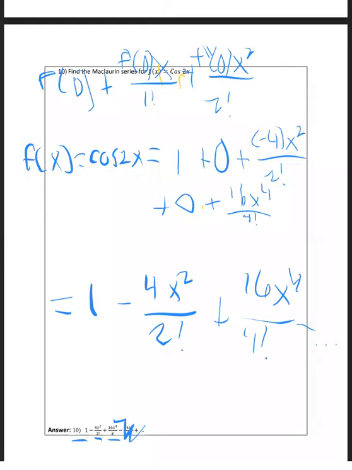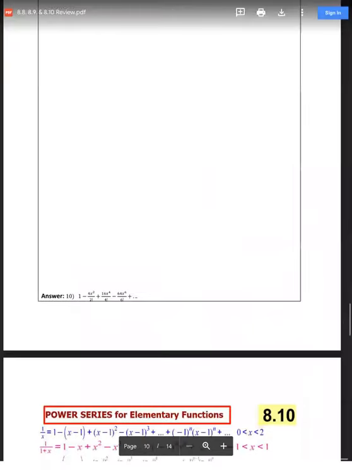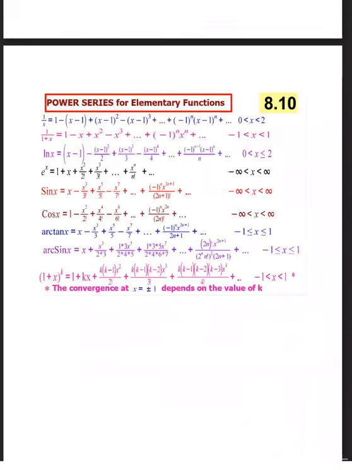Okay, but now I'm going to tell you how this could have been done without taking the derivative. So you need to have these handy. You absolutely have to. And look, this is because this whole chapter is power series. This was just a Maclaurin power series, but notice how it follows the same rule.